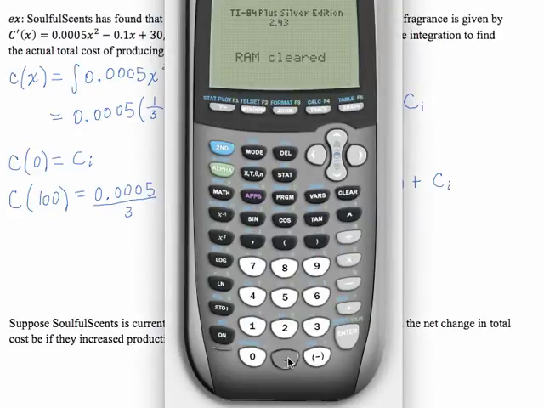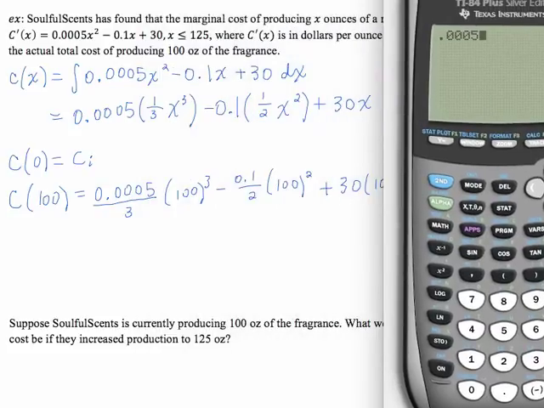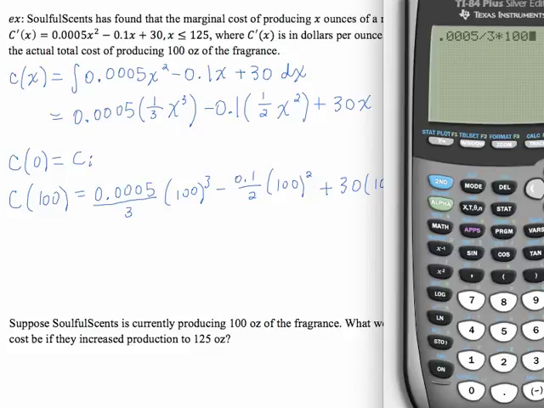Okay, so we want 0.0005 over 3 times 100 cubed.